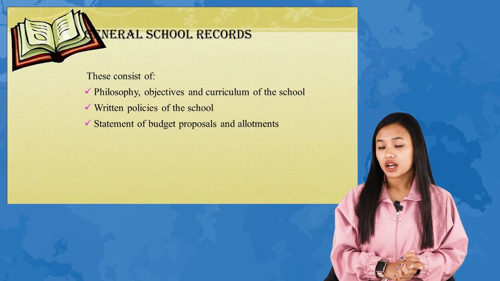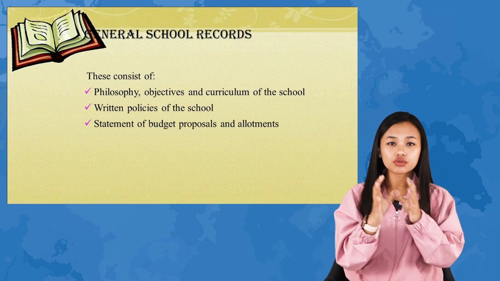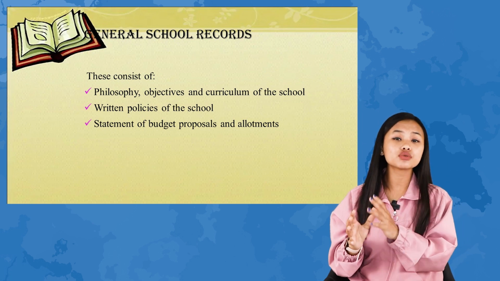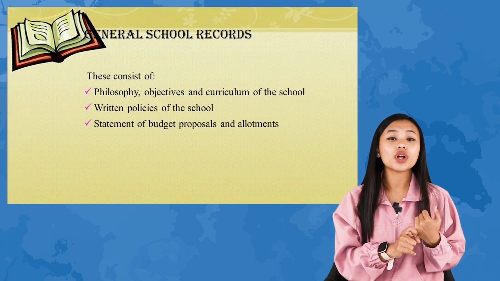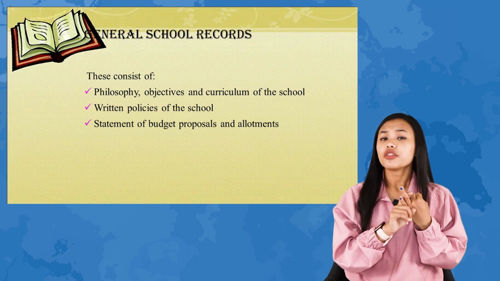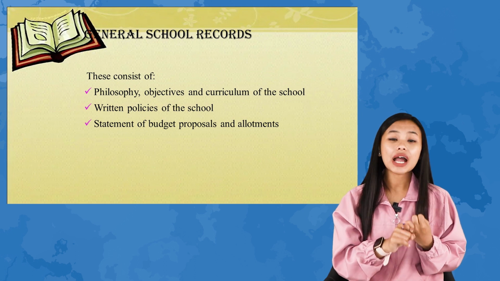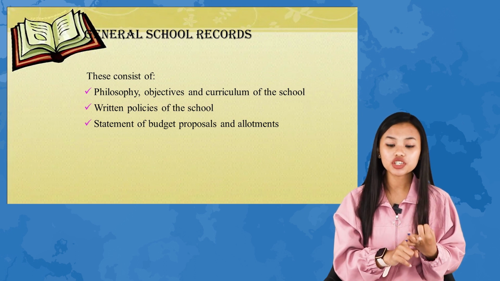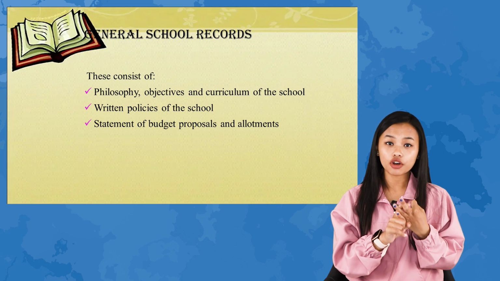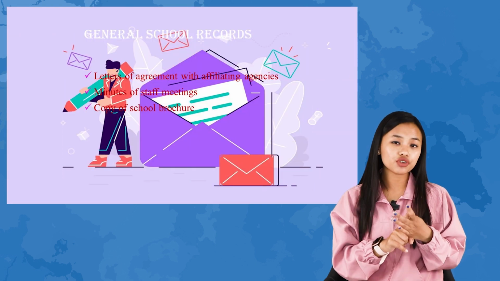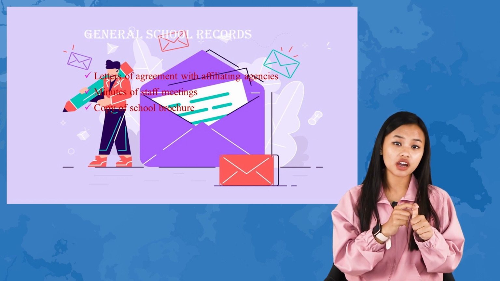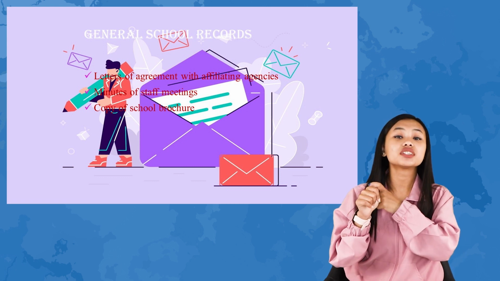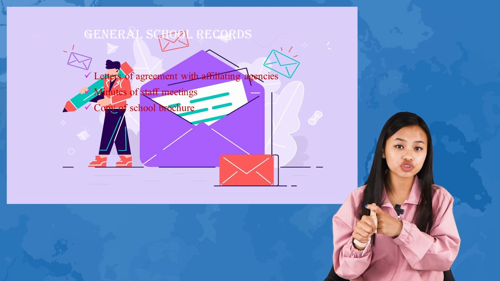Now moving on to the last category, that is the general school record. So each and every general school record should consist of the philosophy, objectives as well as the curriculum of the school, the written policies of the school, as well as the statement of the budget proposal and the allotment, the letters of agreement with the affiliating agencies, the minutes of the staff meeting, as well as the copy of the school brochure.